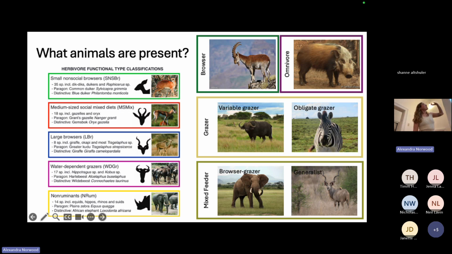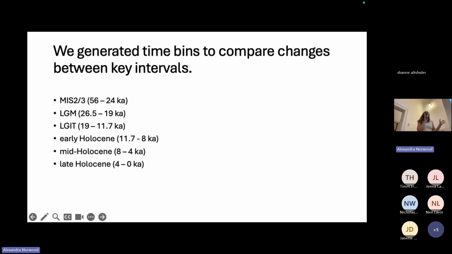So we're thinking about these different categories of animals and who's present at these sites through time. To make our time intervals more discrete for comparisons, we generated these bins. Before the LGM, the last glacial maximum, is our first bin, which is this period of cooling going into the very cold last glacial maximum that I mentioned earlier.